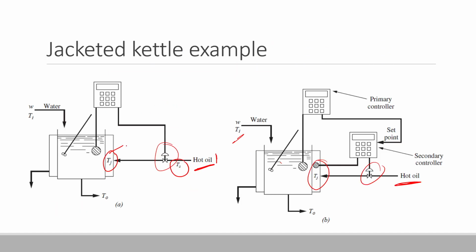That is, let's say in case of this jacketed kettle, if increasing the valve opening takes a large amount of time to increase this jacket temperature, then in such a scenario, this secondary control loop takes a large amount of time, and then cascade control strategy won't be effective, because more fuel is going, still we are not seeing any effect on this TJ.